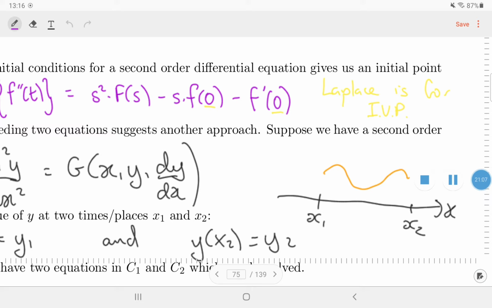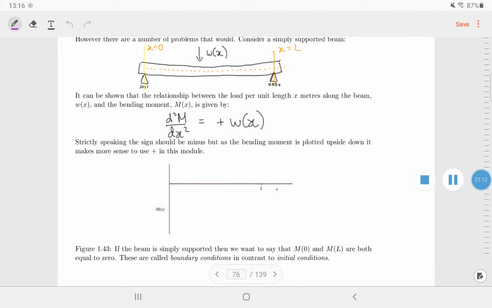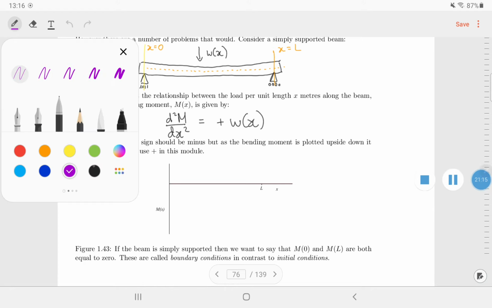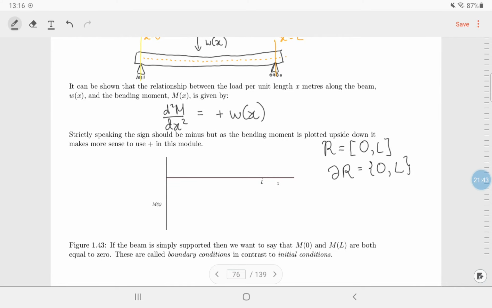The region is what you're interested in, so you're interested in all the points from 0 to L. And the fancy bit is the boundary of the region, which is the point 0 and the point L. That's why it's called a boundary value problem. Strictly speaking, the sign should be minus.